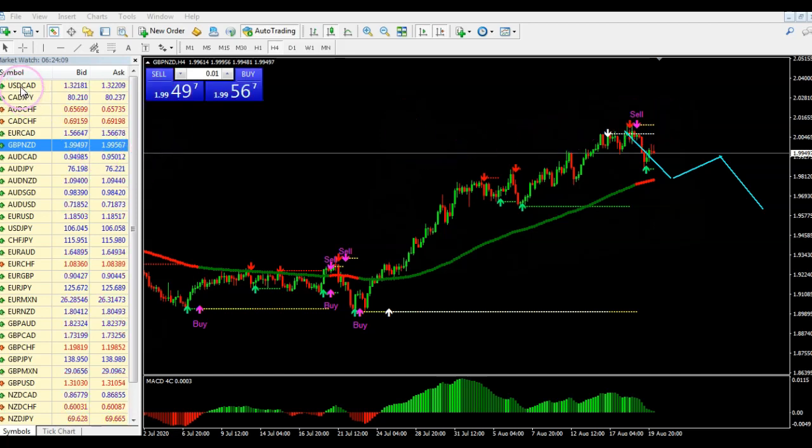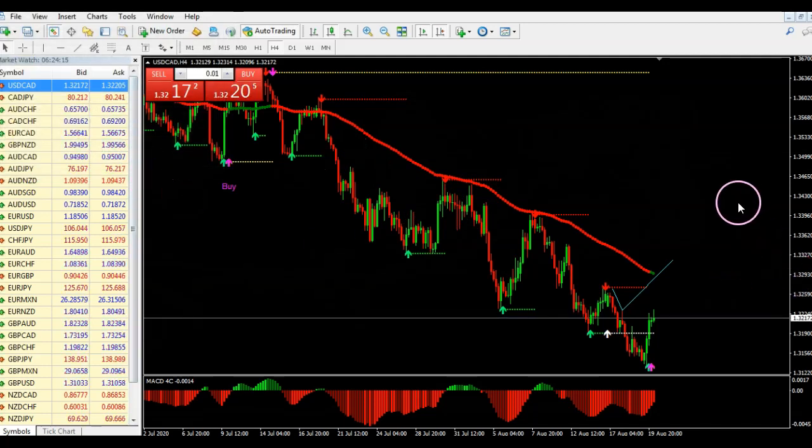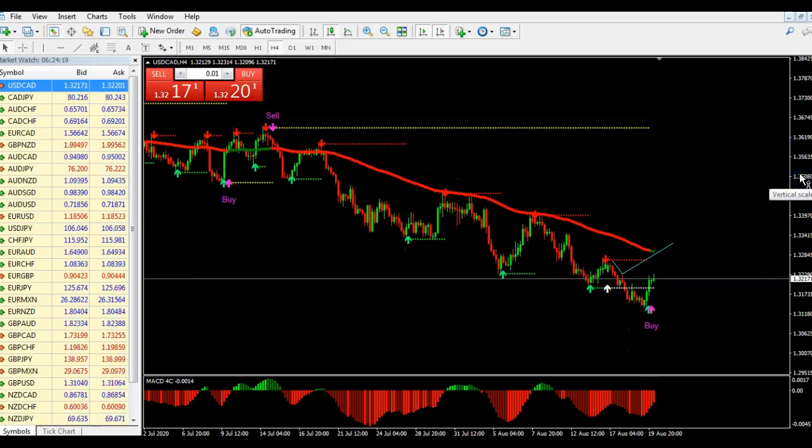Let's look at USDCAD. That was the first one that we were looking at. So on the USDCAD, when we were analyzing, we were in this area over here. We were expecting the market to start moving lower.